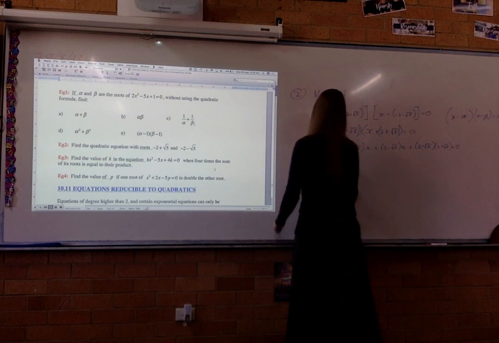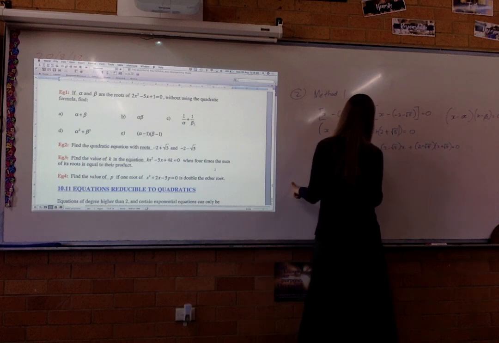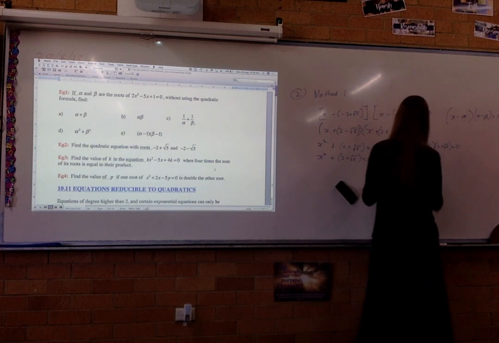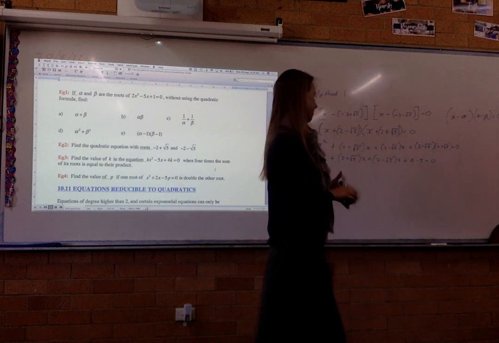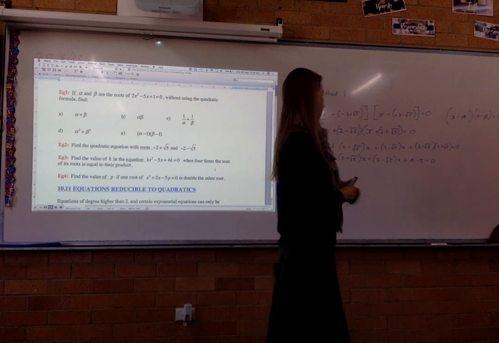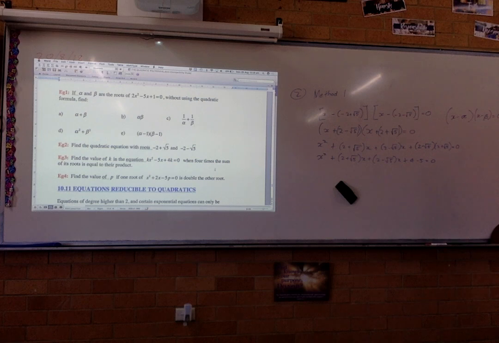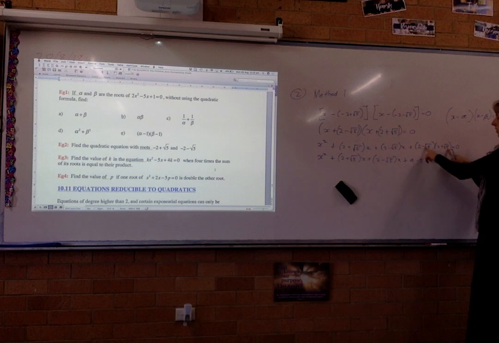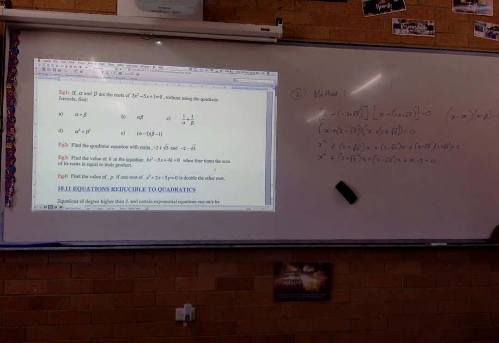So this becomes x squared plus 2 plus root 5x plus minus root 5x plus 4 minus 5, equals 0. 2 squared is 4, root 5 squared is 5.